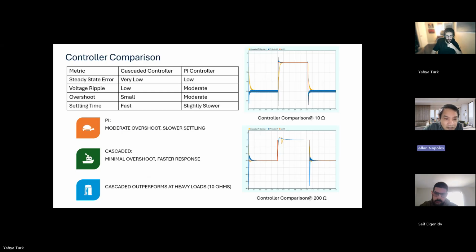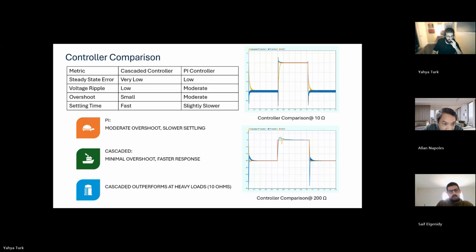Okay, so in comparison, our first control method was a traditional PI loop using Ziegler-Nichols tuning. We found an ultimate gain of 1.67 and a period of 4.84 milliseconds. And based on our Simulink, the PI control suffered moderate overshoot and slower settling time as compared to the cascaded controller, which gives a faster and cleaner response under the load of 10 ohms.